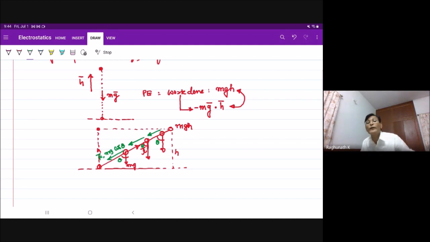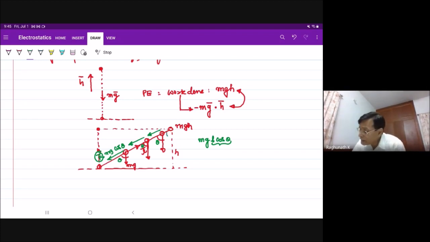I moved it through a vector of L bar, because of which it is minus F bar dot L bar, which is mg cos theta into L. Magnitude of F bar is mg cos theta at each and every point along this line. F bar dot L bar here, because of which it is mg L cos theta.